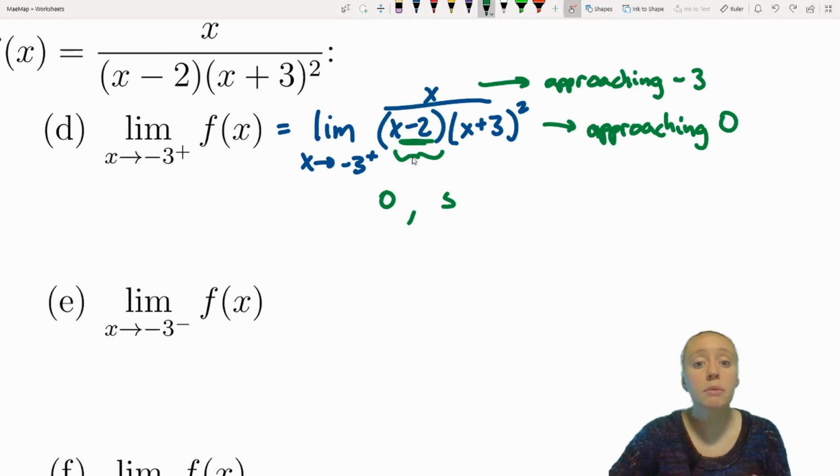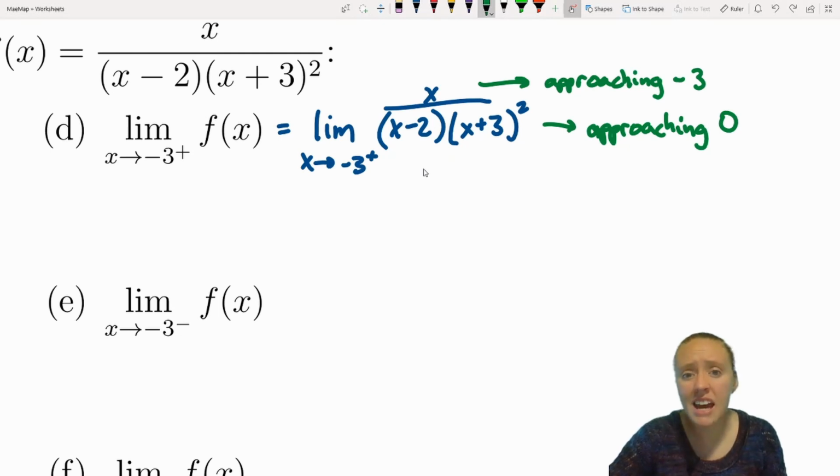We need to look as we approach -3. So I only want to look at values to the right of -3 that are very close to that value of -3. So 5 is pretty far off there from -3 and is not going to help me as I'm approaching -3. However, plugging in, let's say, a -2.5, because that's to the right of -3 and fairly close to -3, that's still going to give me a negative. So this factor is going to be negative as we get closer and closer to -3.